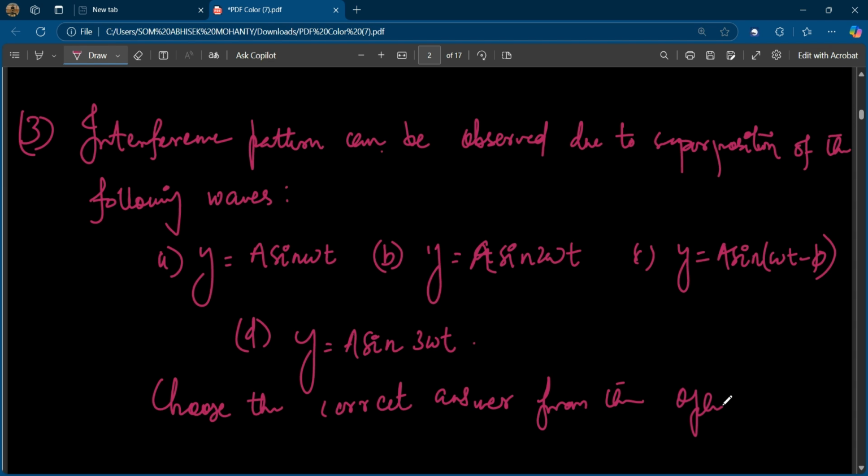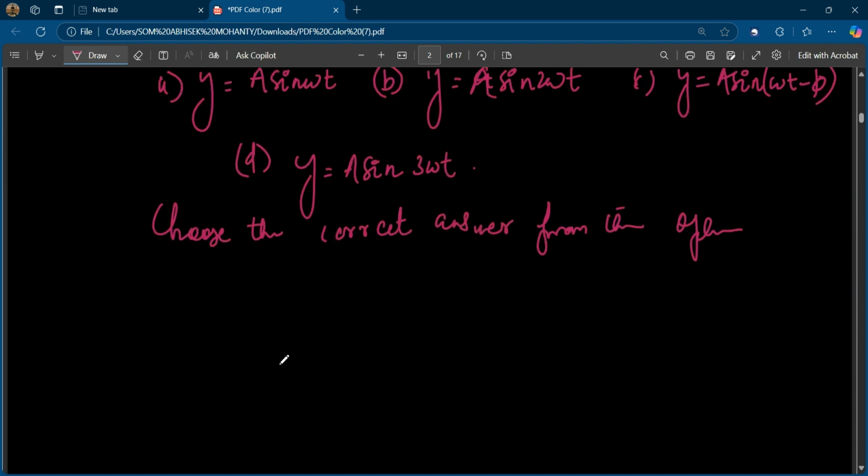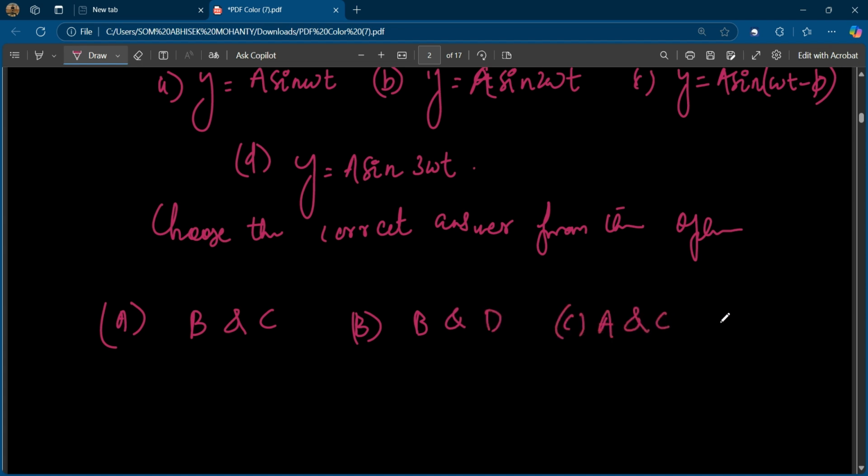So what are the options? Option A is B and C. Option B is B and D. Option C is A and C. And option D is A and B. What is the meaning of the question?